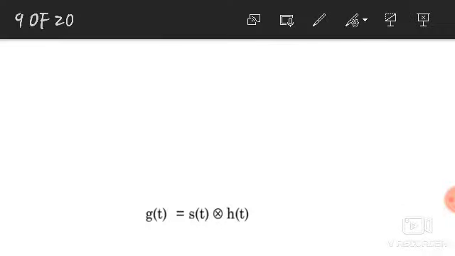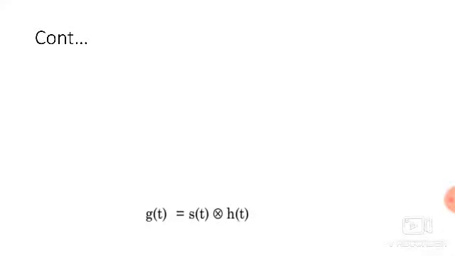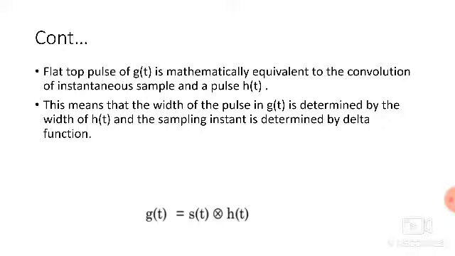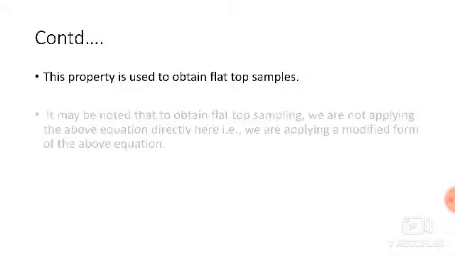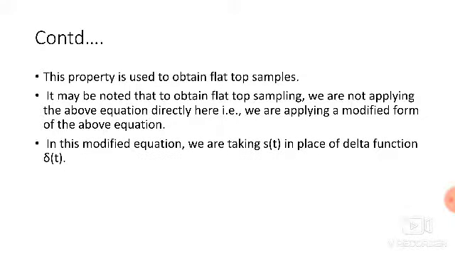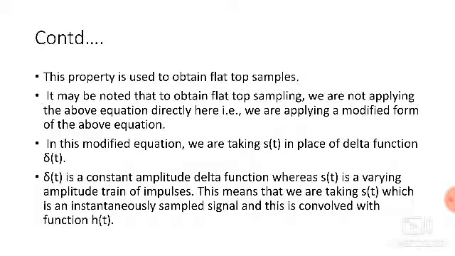So g of t is equal to s of t convolved with h of t, and here g of t is the flat top sampled signal. Here del of t is the delta function, and s of t is the time varying amplitude train of pulses.